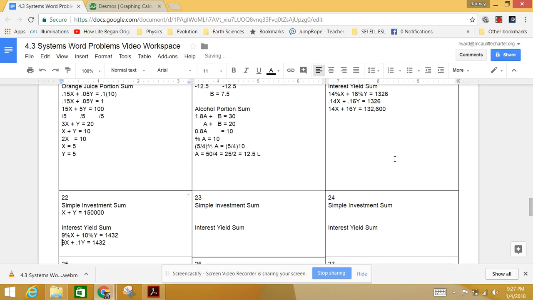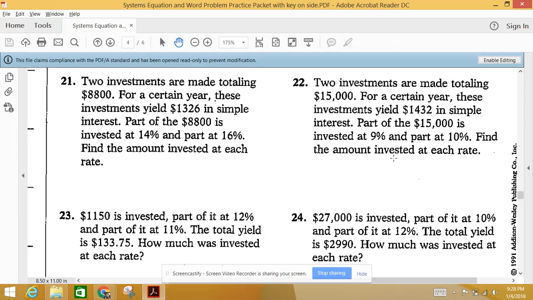So I get 9x and 10y, and this is going to get 2 more zeros because I have to multiply that by 100 as well. But those are non-decimal coefficients, and then you can go on from there. With 23, it's pretty much the same thing. Go ahead, if you haven't done 23 yet, pause and see if you can get 23.